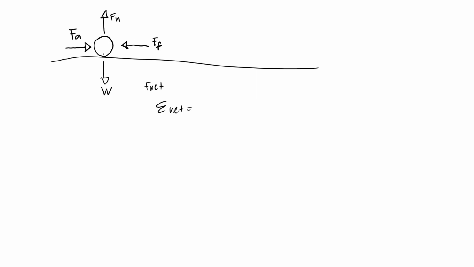Let us not forget their direction. That is very important, guys. Fa is going to the right, meaning that is positive, and the frictional force Ff is going in the opposite direction, to the left. That is negative. Next, the normal force is going upward, so we can make that positive Fn.